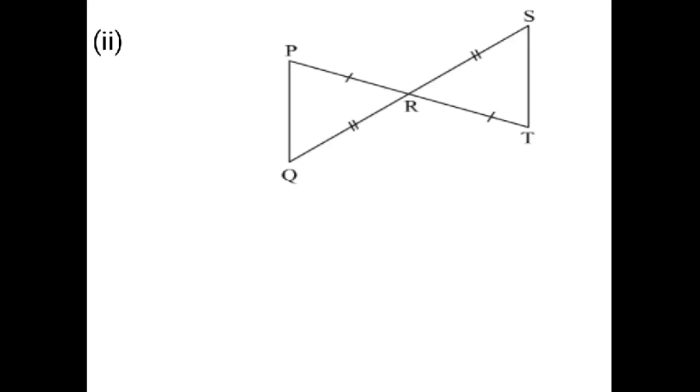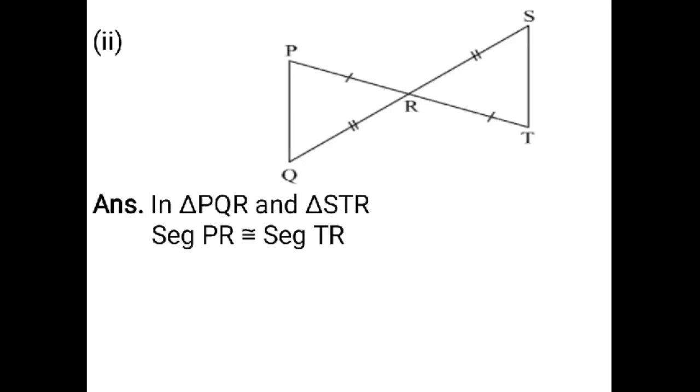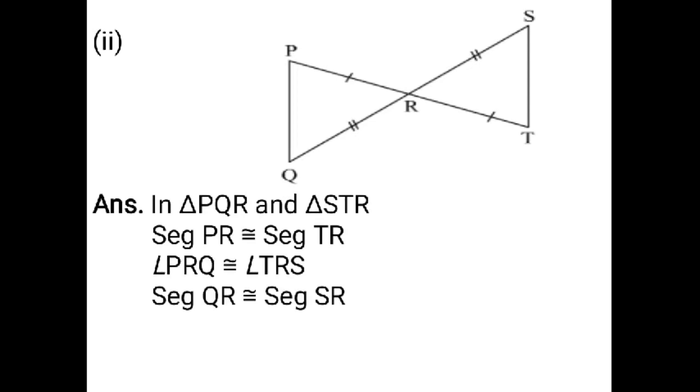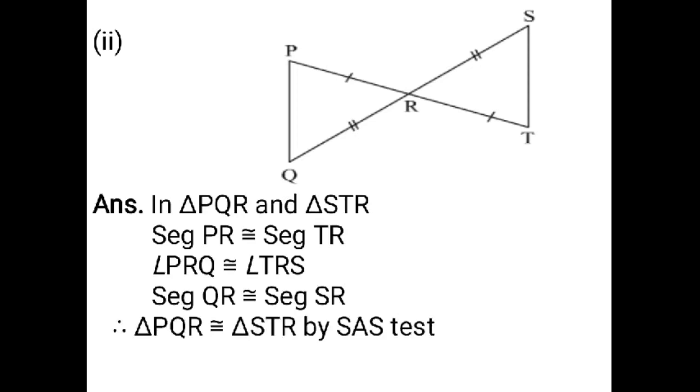Next, in triangle PQR and triangle STR, segment PR is congruent to segment TR. Angle PRQ is congruent to angle TRS. Segment QR is congruent to segment SR. Therefore, triangle PQR is congruent to triangle STR by side angle side test. In this figure, you don't have to take the side test because there are no common sides.